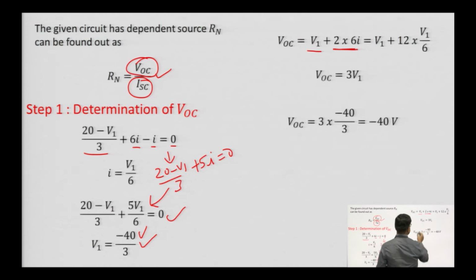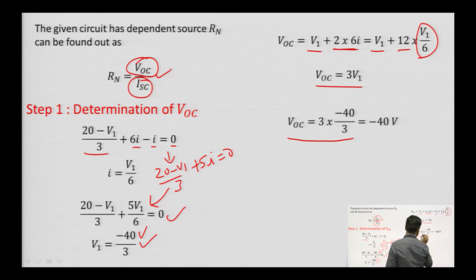This will be equal to Voc equals V1 plus 12I. We have found out that I will be equal to V1 by 6. So, Voc will be equal to 3V1. V1 we have calculated as minus 40 by 3, so Voc will be equal to minus 40 volt. So, this is Voc.